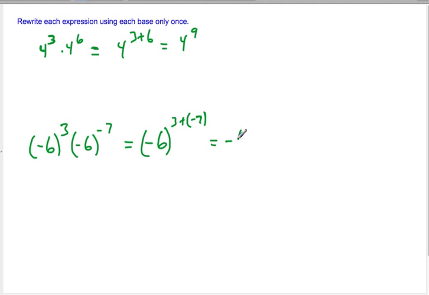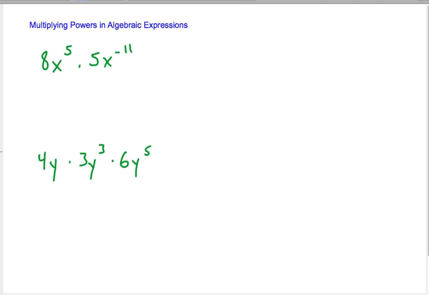So it's going to equal -6 to the -4th power. Now, if you remember from last video, you can't have a simplified answer with a negative power, so you would want to write 1 over -6 to the fourth. And then again, if the instructions were different, you would actually multiply out -6 to the fourth power.